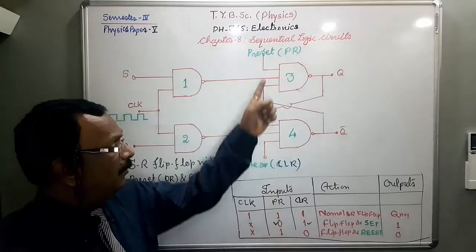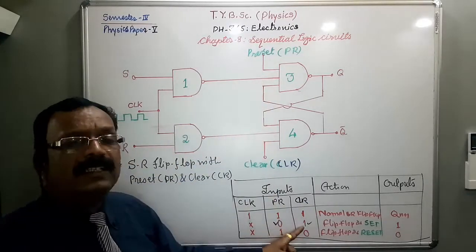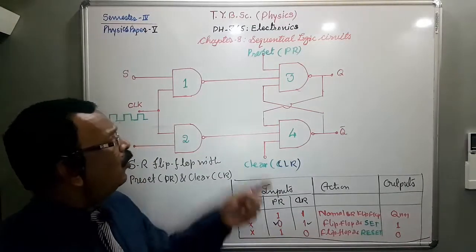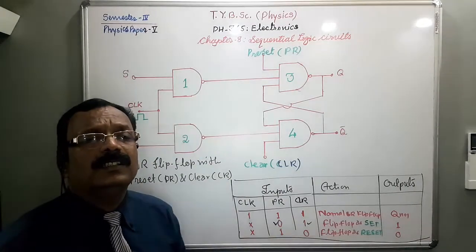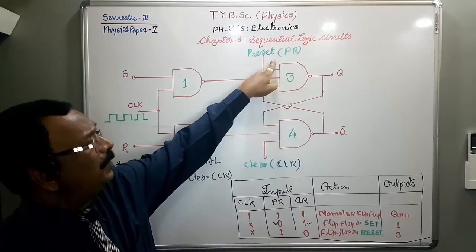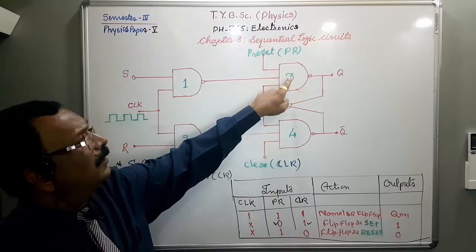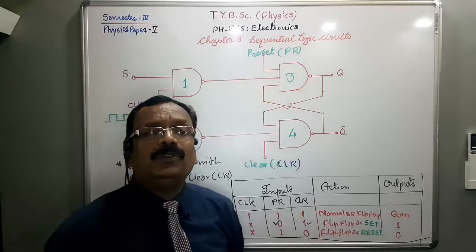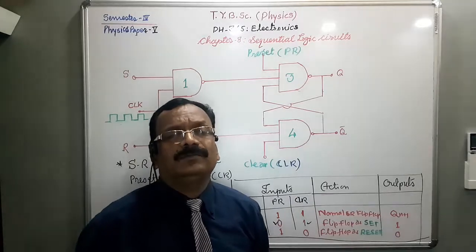When preset is 0 and CLR is 1, the output of NAND gate 3 is 1, whatever may be the other inputs, so Q is equal to 1.